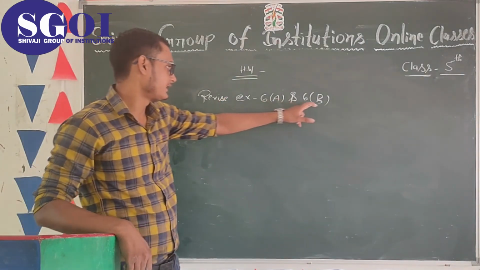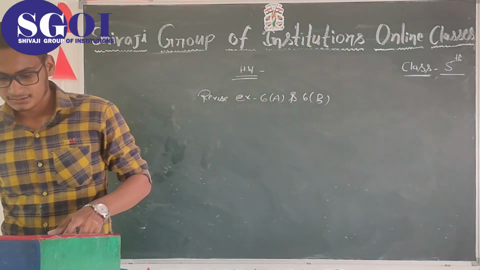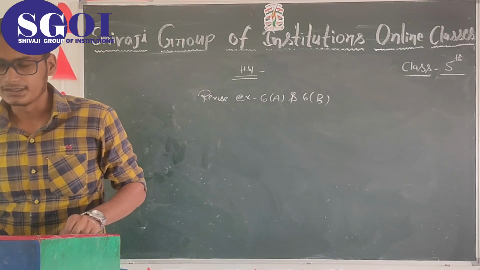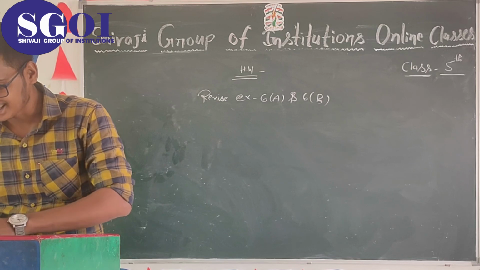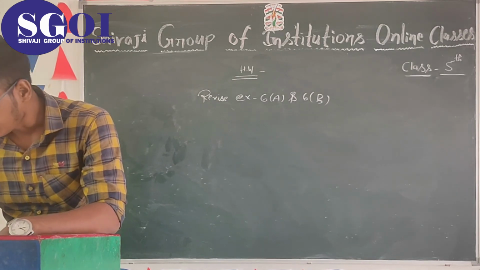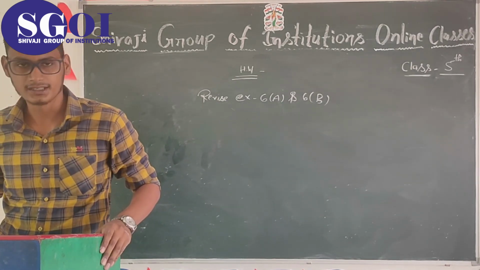Okay, revise exercise 6A and 6B, and revise the divisibility rules of 1 to 10. Next time we will discuss divisibility by 11 and exercise 6C. Okay, thank you.